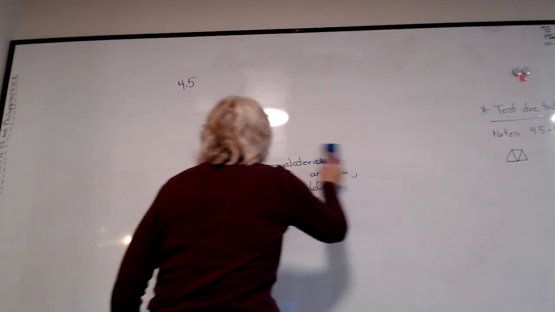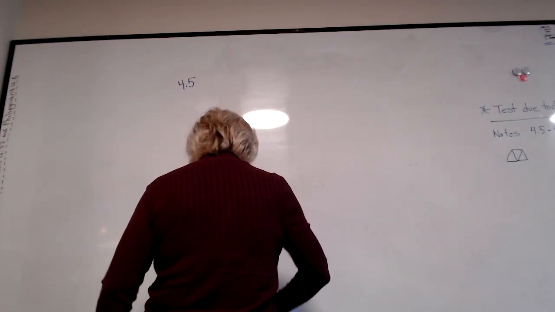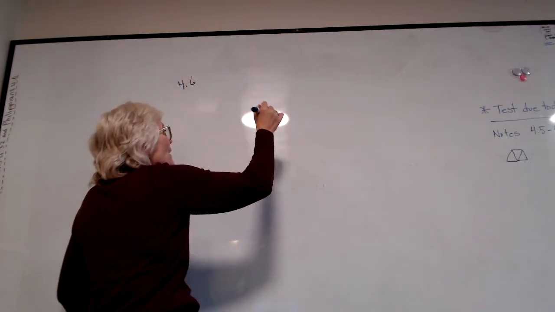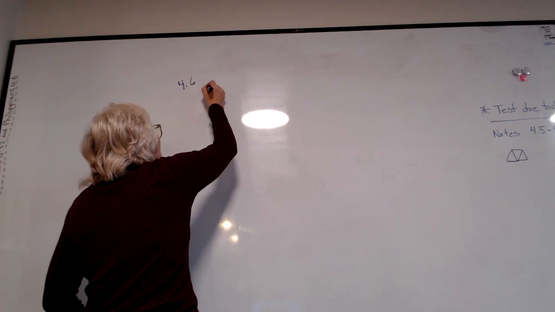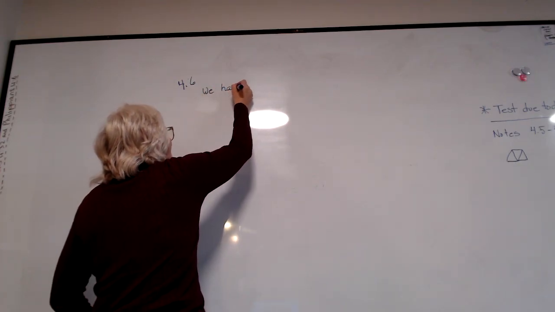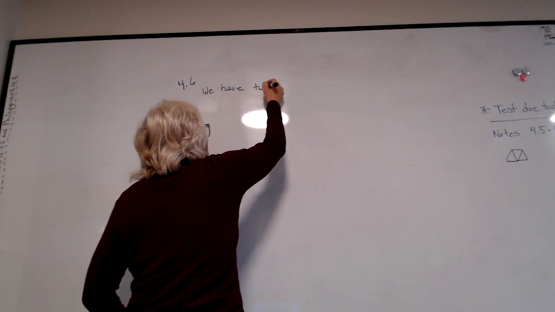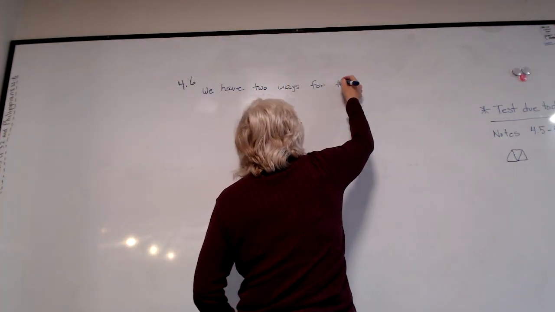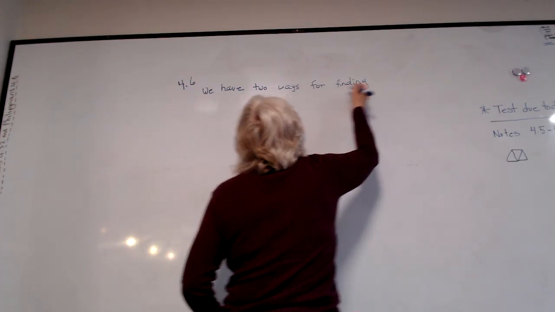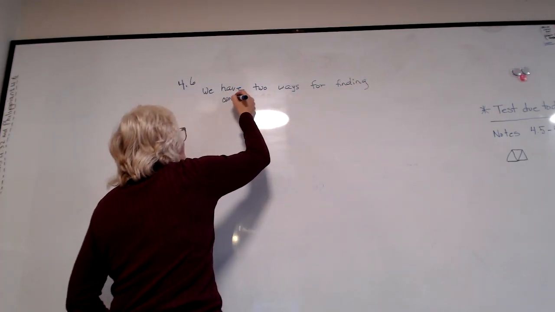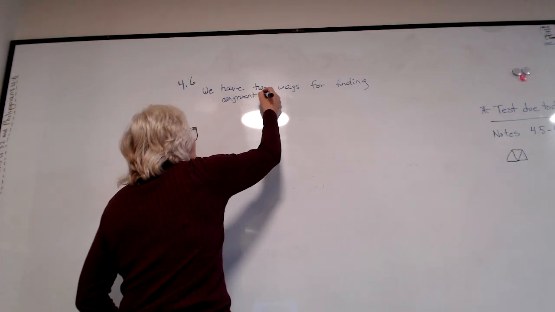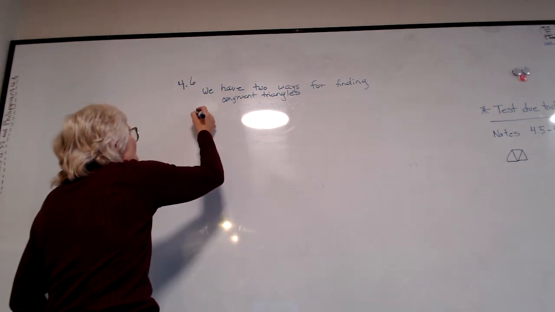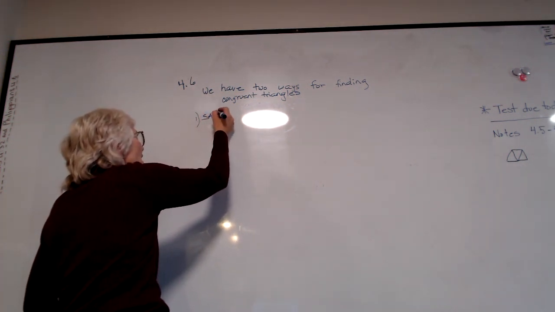Remember, we have two ways of saying if triangles are congruent so far. So in 4-6, it's another way, but right now we have two ways for finding congruent triangles. One is SAS.